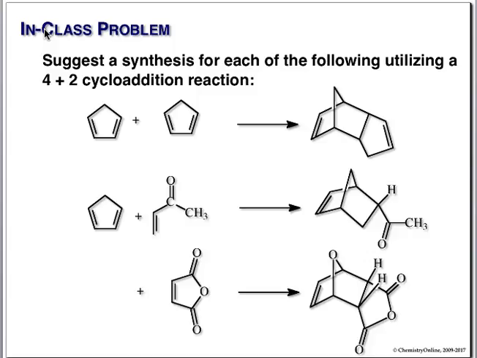Do you know what this stuff is called? Maleic anhydride. What did we use last week? One week ago, we did a Diels-Alder reaction using maleic anhydride. That was our dienophile.